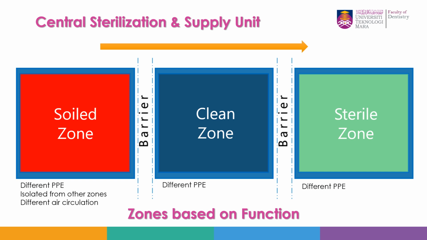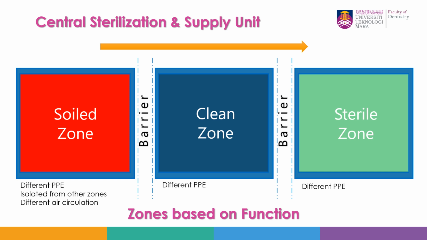Before we go further, I'm just going to show you how we treat our instruments. This diagram shows you the zones that we have created based on the types of dirtiness or soiled instruments. If you look at the red one, it is the soil zone.